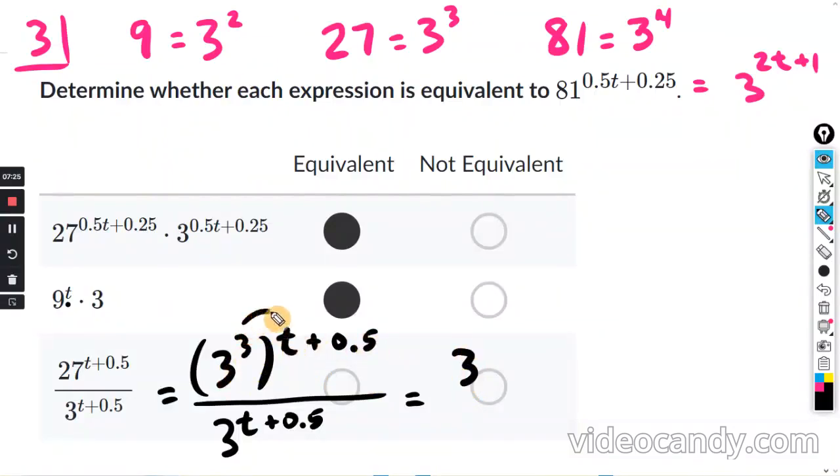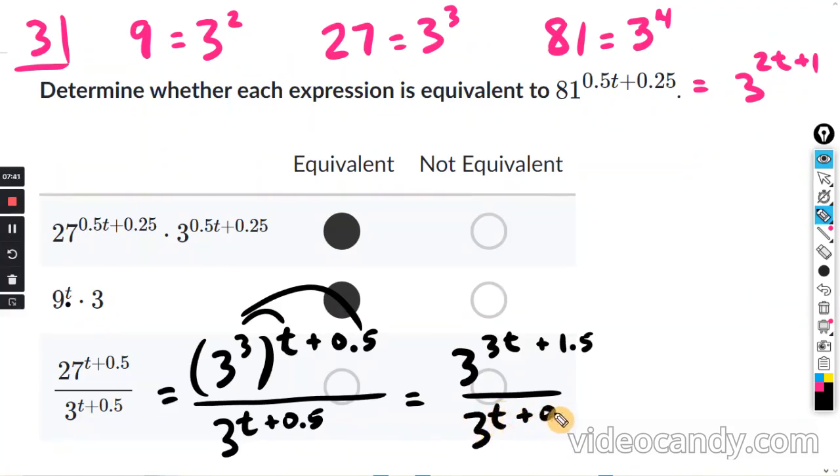You multiply. 3 times t. And 3 times 0.5 is going to give us 1.5. Right? Half of 3 is 1.5. And that's divided by 3 to the t plus 0.5.